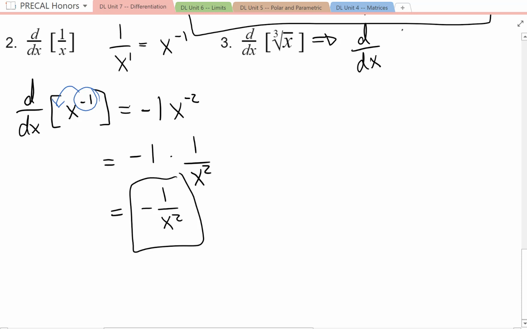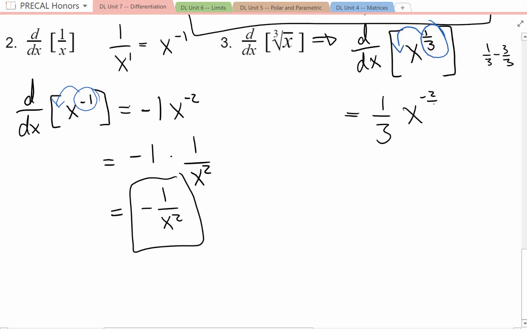Remember, radicals can be rewritten as fractional exponents. So square root is 1/2, cube root is 1/3. Pop down, power down. Bring 1/3 down to be your coefficient, and then subtract from the power. 1/3 minus 1. 1/3 minus 3/3 is negative 2/3.